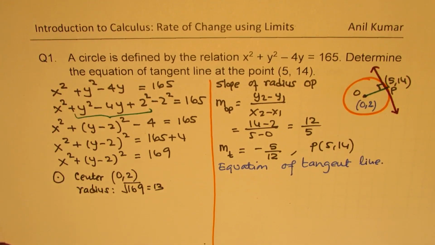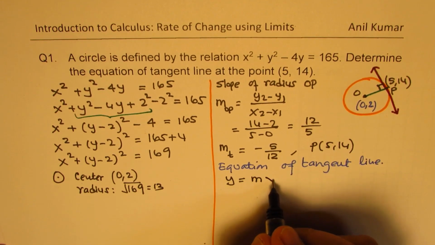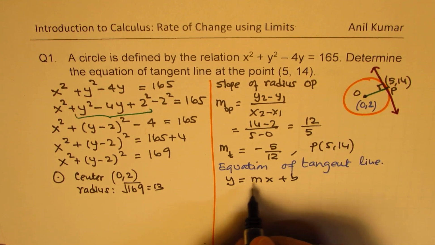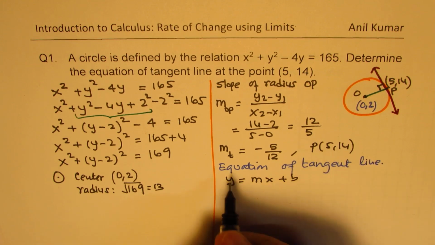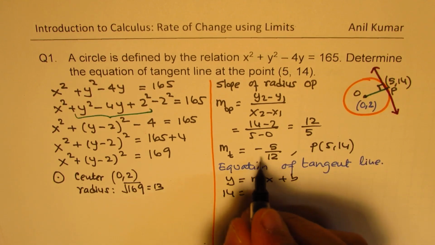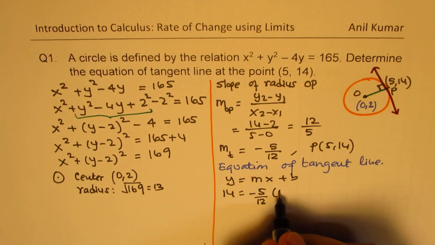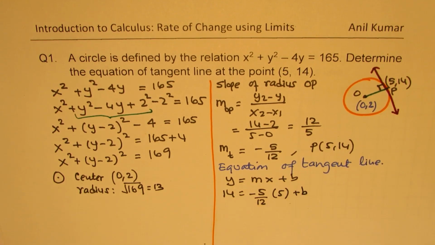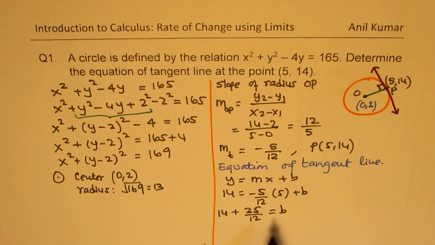Now for this equation, we know that slope and point is given to us. We can use slope-intercept form, y equals mx plus b. So we get, substituting the value of y as 14, slope m as minus 5 over 12, x as 5, we can find what b is, right? Now taking it to the left side, 14 plus 25 over 12 is b, right?